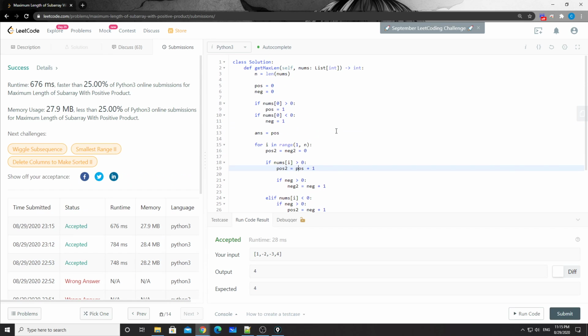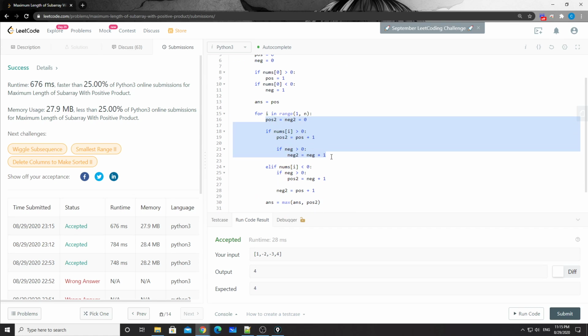Cool. See, pretty straightforward, right? Compressing the space complexity from O(n) to O(1) is pretty straightforward. Basically, we just remove the array. Instead, every time we create two temporary new variables as the current one, and the old one always comes from the previous positive and negative variables here.